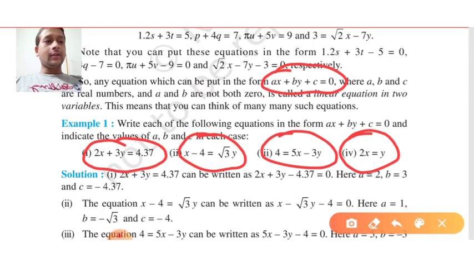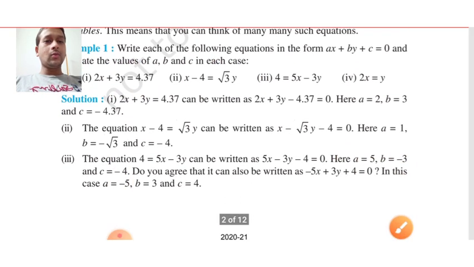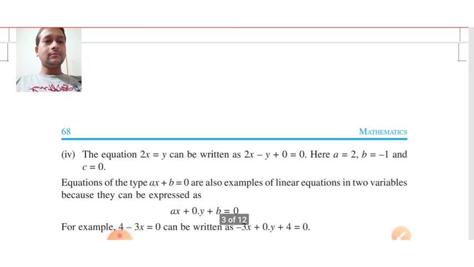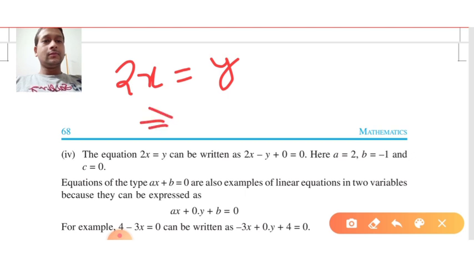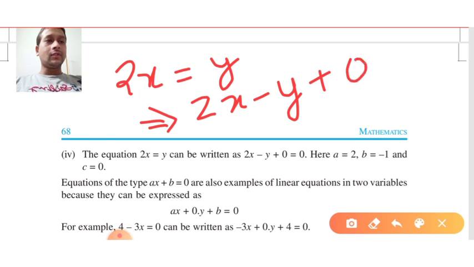How it is done, you see, this 2x equal to y. What we can do, we can transpose this y to this side, and we can write plus 0, equal to 0.